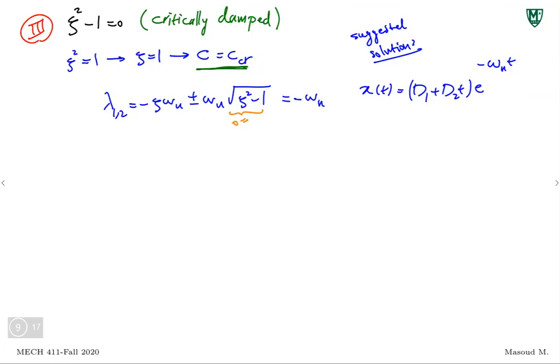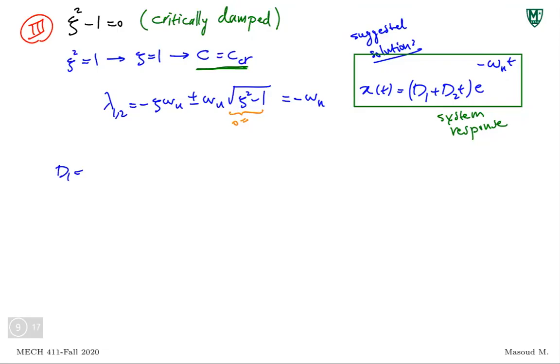So this becomes your system response. This is your system response. That's how your system responds to a given input. And D1 and D2, I'll just give you the values. You can find them, as always, by plugging in the initial conditions.